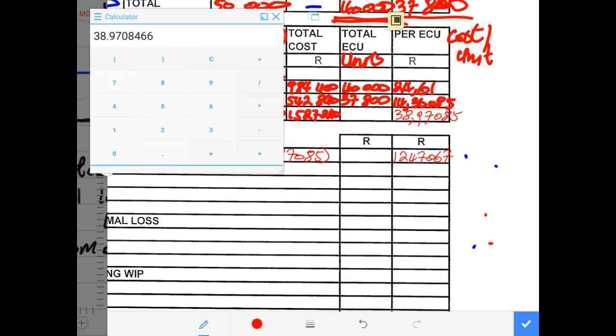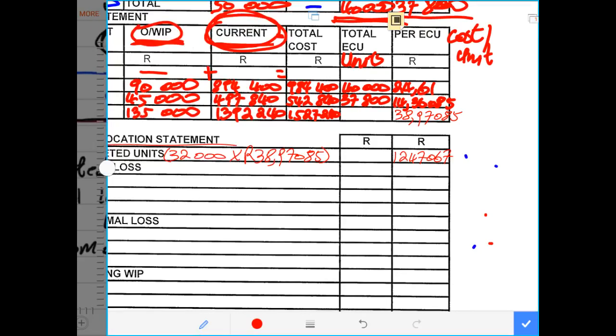Let me just do the calculation. We multiply that by 32,000 units that were completed. 1,247,067. I will not round off because they prefer not to round off when it comes to the total amounts. So now that will be the total cost.